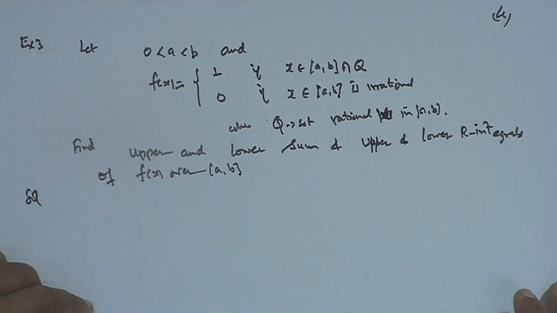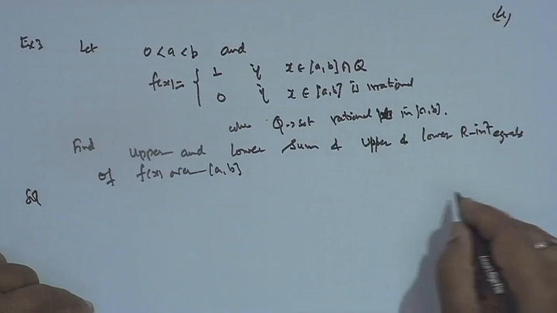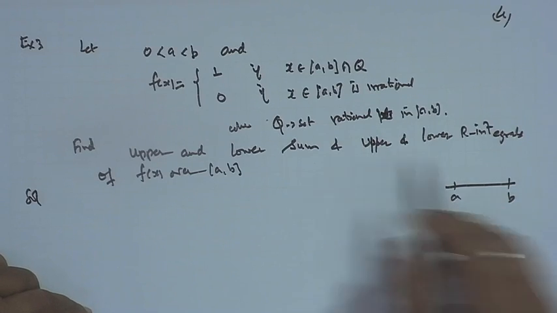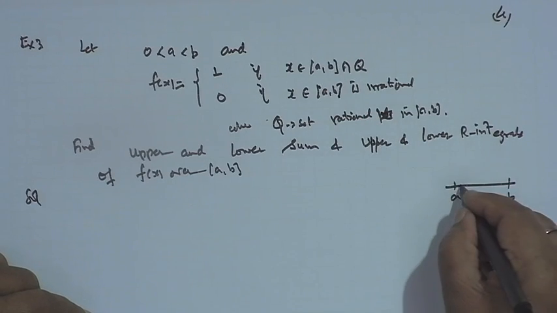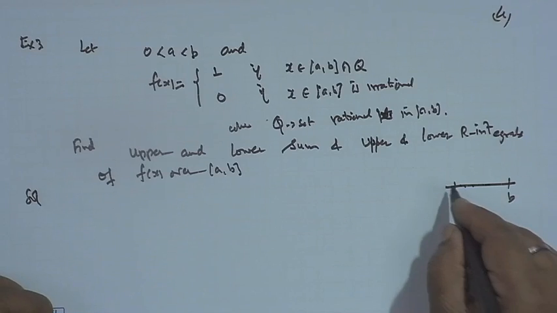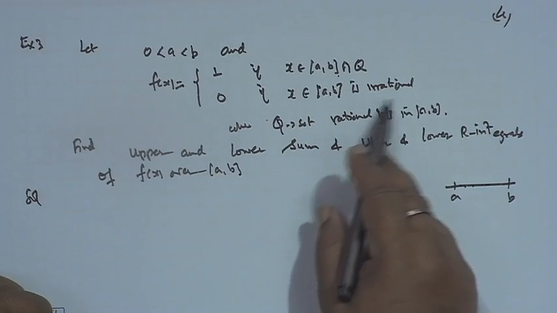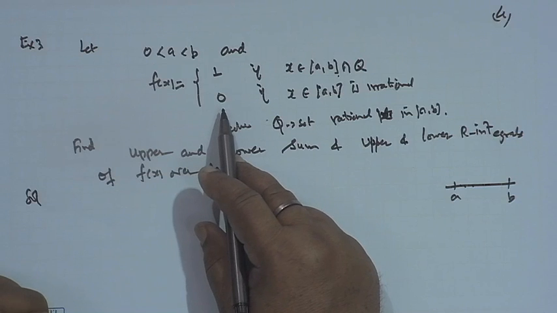So, the function is given to be 1 when x is a rational number. In fact, the intersection of a b with q means the set of all rational numbers in the interval a b. So, at a rational point in the interval a b, the function attains the value 1, while at an irrational point the function attains the value 0.